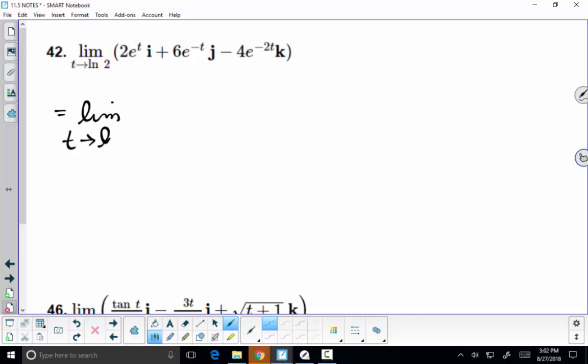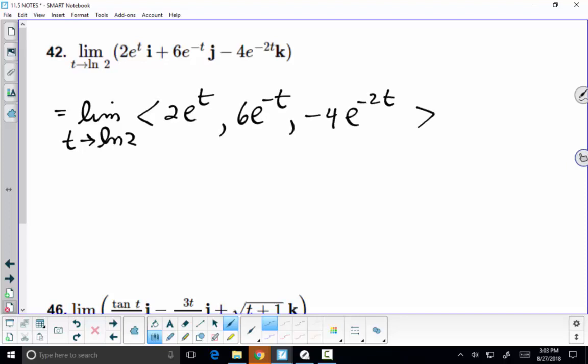Us math people would prefer to write it like this, so that it's totally obvious that you're dealing with a vector, and the I, J, and K don't potentially lead to something goofy. So the limit of a vector valued function, all we do is take the limit of each component. So it's literally Calc 1 3 times.